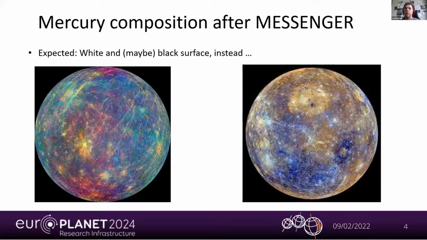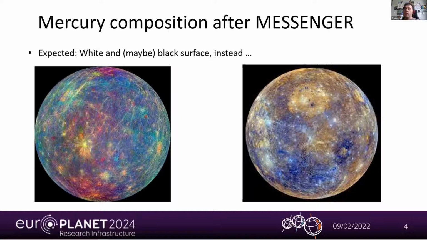Those are products related to the VIS camera, and Francesco will talk more about that after my talk. It was just to give you an idea that the surface of Mercury is strongly variegated, and there is no big domain of basaltic maria with respect to a highland crust.